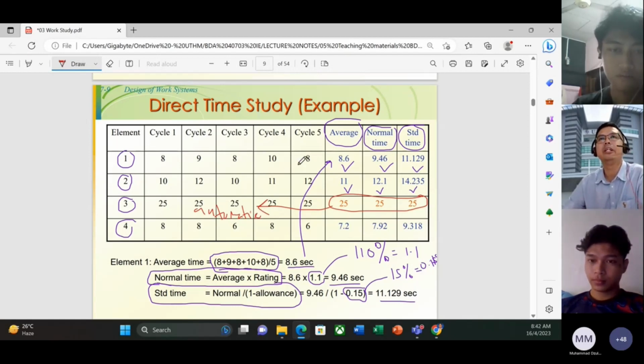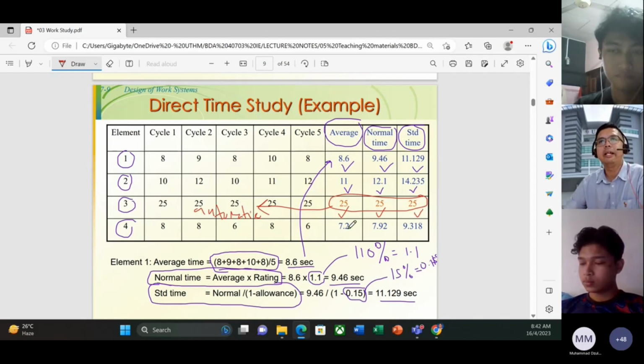If human, we need to calculate the average, normal time or standard time. If it runs automatically or by machines, the time is constant, so average is also 25, normal time also 25, standard time also 25. No need to calculate the average, normal time and standard time. So directly we find the answer 25.